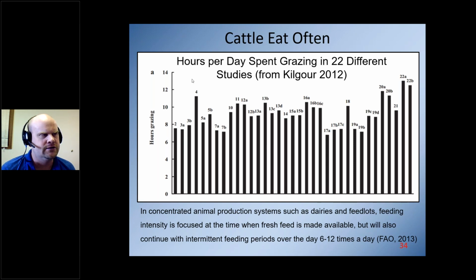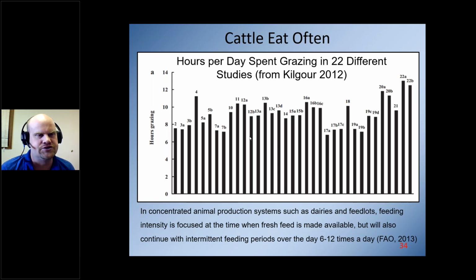What we notice is that in some environments, and the author suggested that these were lower quality feeds, animals spend up to 13 hours per day eating and grazing. In other environments where animals had higher quality feed and more availability, they tended to spend less time eating and grazing. So in a case of productive, high intensity, low duration grazing, we have about 7 hours per day grazing, and in other cases, we have 13 hours a day.